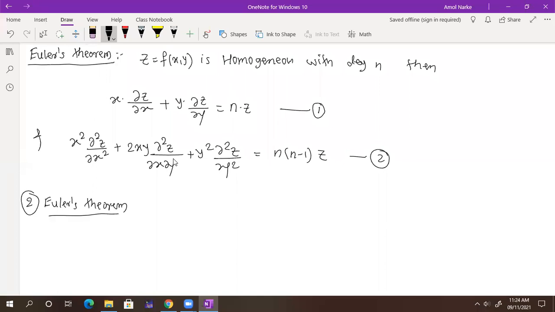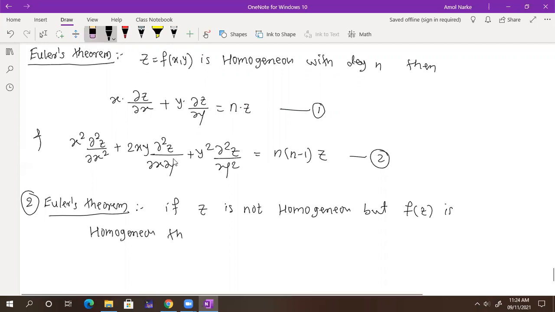That Euler's theorem says that if z is not homogeneous, but f of z is homogeneous with degree n, then everyone understand which case I am talking about?